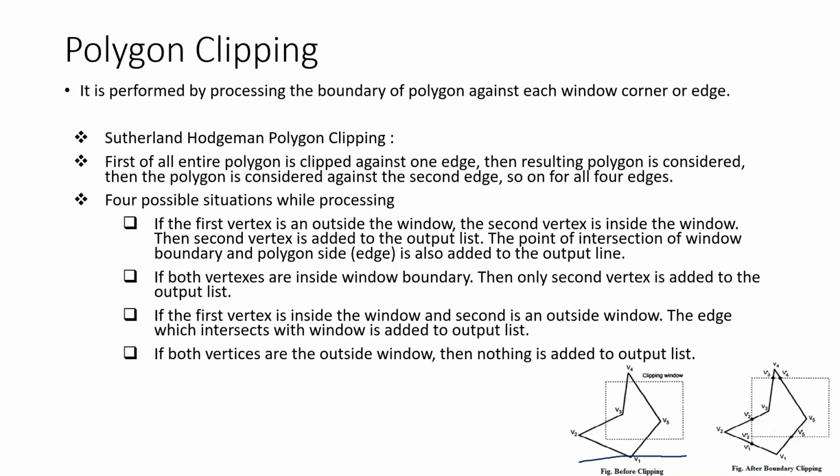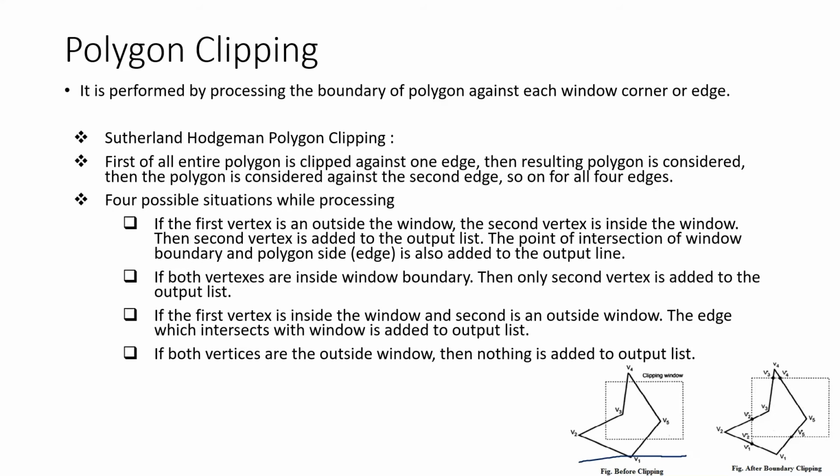So that means you can treat each line of this polygon and consider it as line clipping. But before doing that, first of all we have to think about how much clipping is going to be applied for this particular kind of polygon clipping.